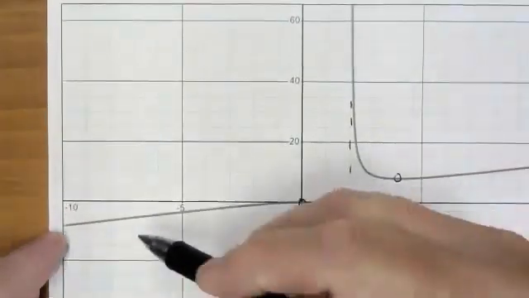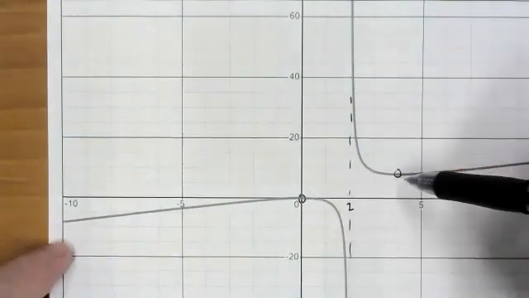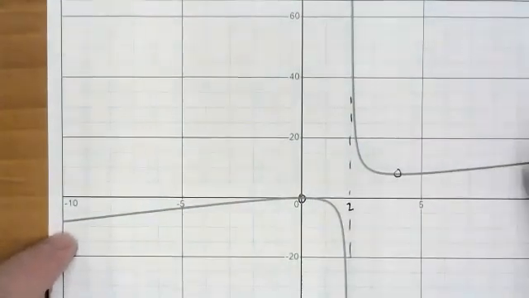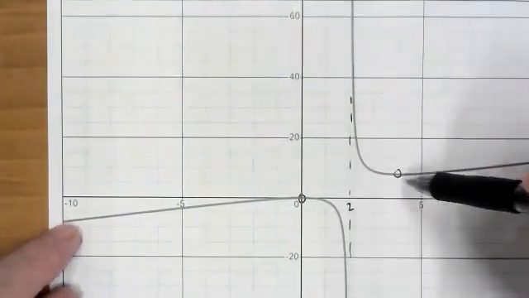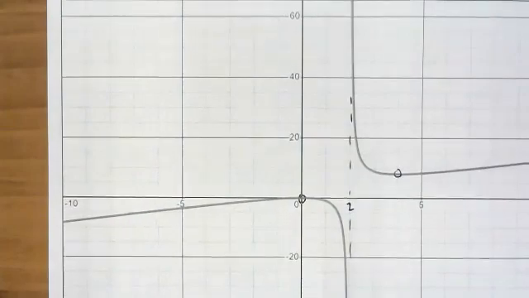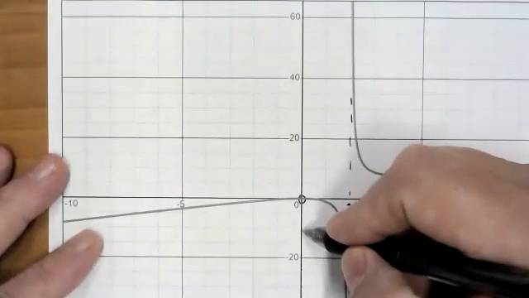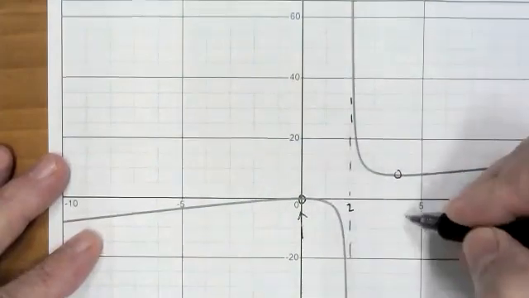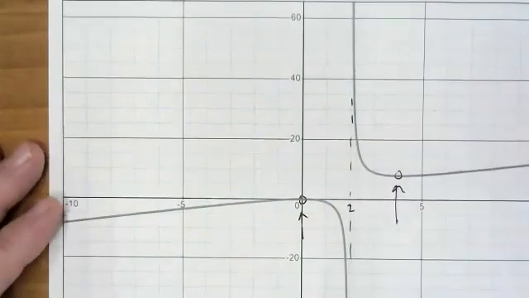So increasing negative infinity to 0 and from 4 to infinity, and decreasing from 0 to 2 and from 2 to 4. So here are my 2 critical points, and this was the vertical asymptote.